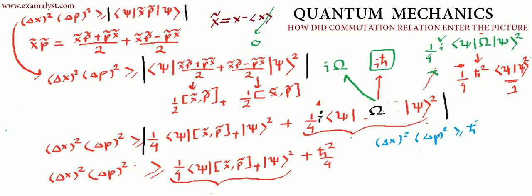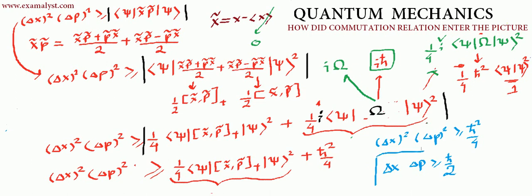This can be easily said because the first term is actually positive. So we get Δx Δp greater than or equal to ħ/2. This is the famous Heisenberg uncertainty principle. Agreed?